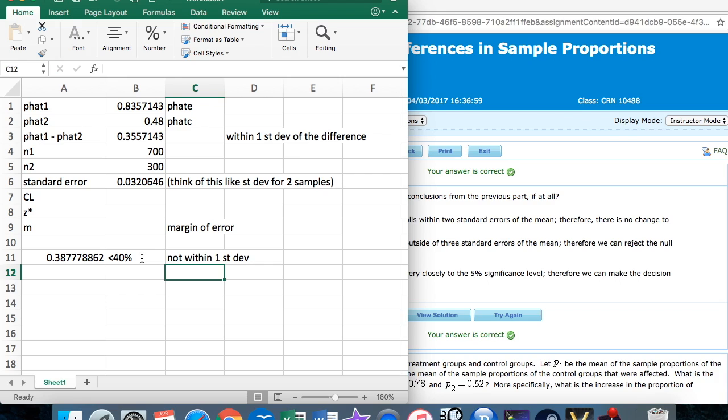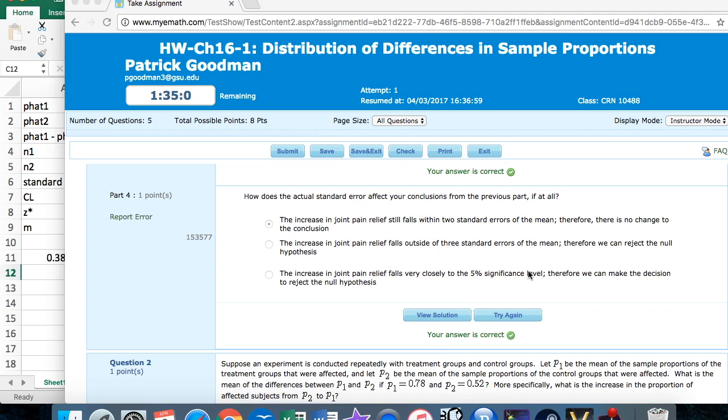I'm just checking to see if it's past a certain number of standard deviations, which is if it's beyond 2 standard deviations, or in this case falls outside of 3 standard errors, we can reject the null hypothesis. Remember that whole idea. We don't actually have to find our alpha. We're talking in terms of standard deviations or standard errors, not our alpha.